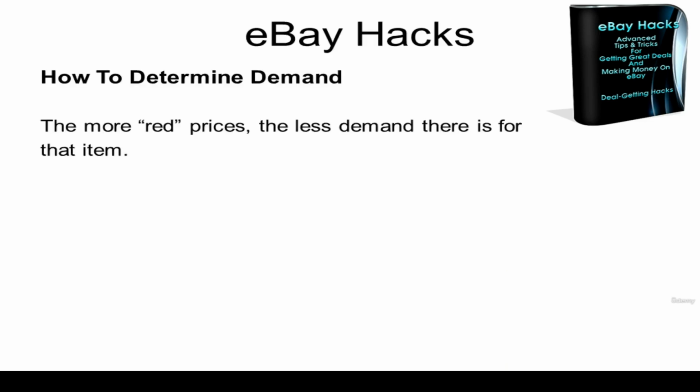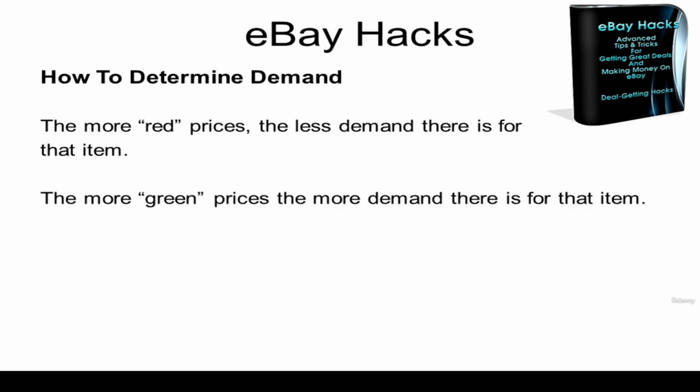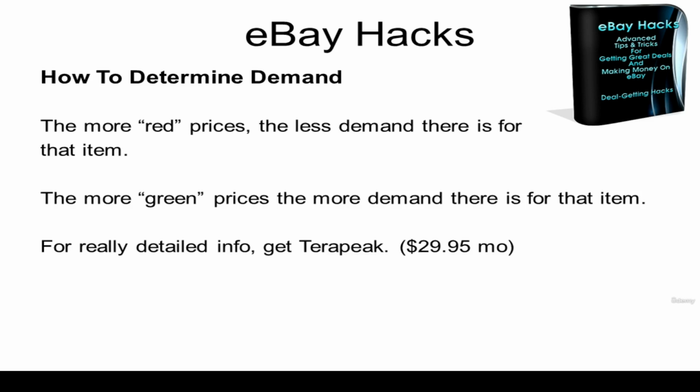So just to summarize, obviously the more red prices you see, the less demand there is for that item. The more green prices, the more demand there is for that item. If you want really detailed information, you should check out a software tool called Terapeak. They have a 7-day free trial, and after that it's $29.95 a month.